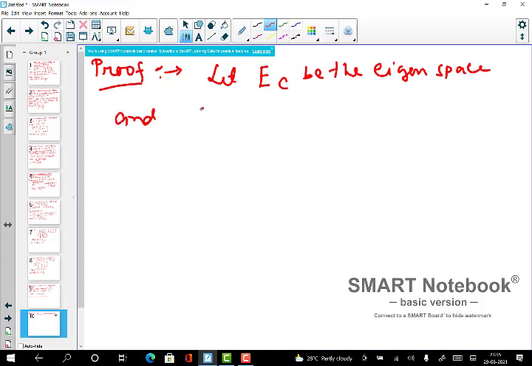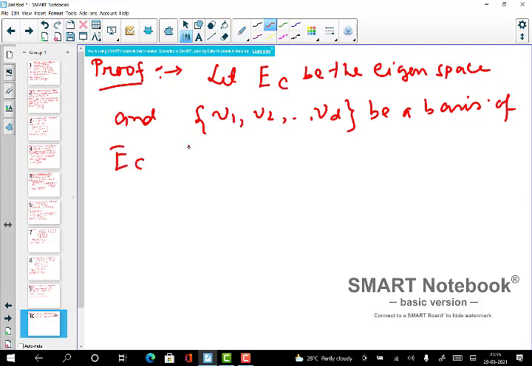Since I chose the dimension of E_c to be d, you can have a basis v1, v2, ..., vd of E_c over F. Now E_c is a subspace of V, so you can extend any linearly independent set to a basis of V, right?